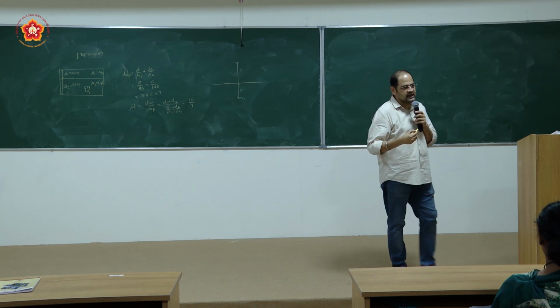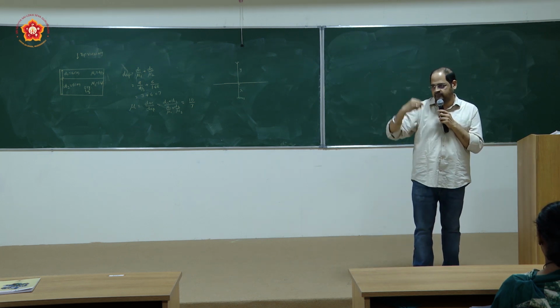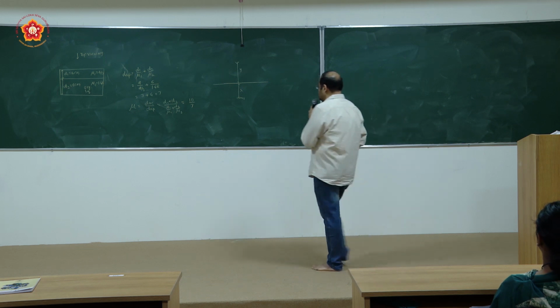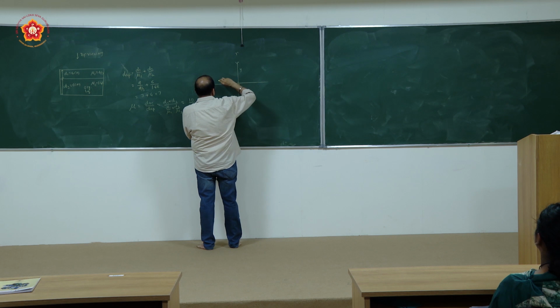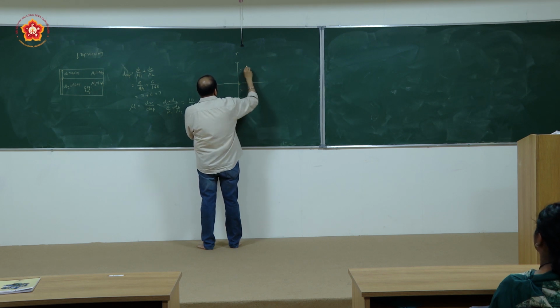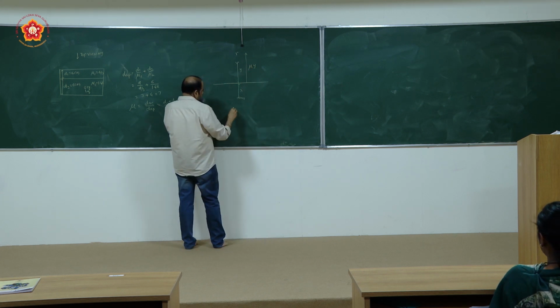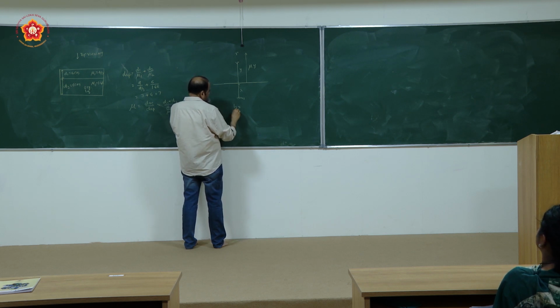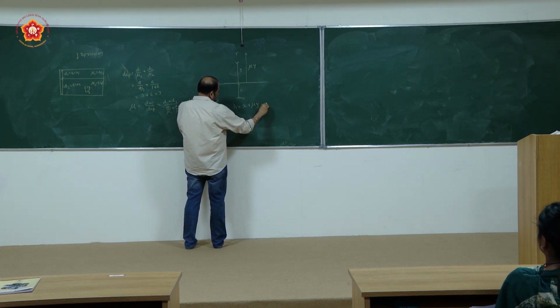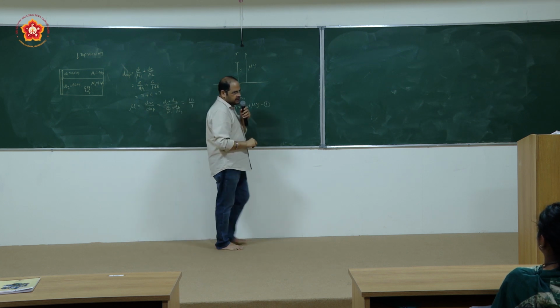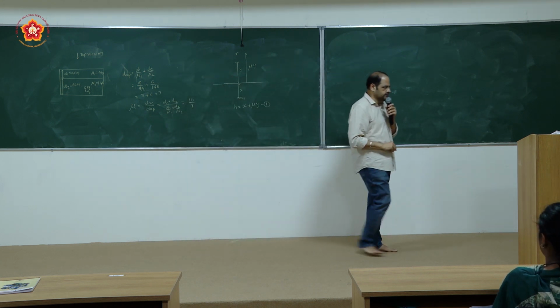Does the fish feel that the bird is closer or away? Apparently the bird will appear to the fish at this height, which is taken as equal to the refractive index multiplied by y. So the height seen by the fish will be x plus mu multiplied by y. This is the first equation you should be able to understand. If you have any question, you can ask me.